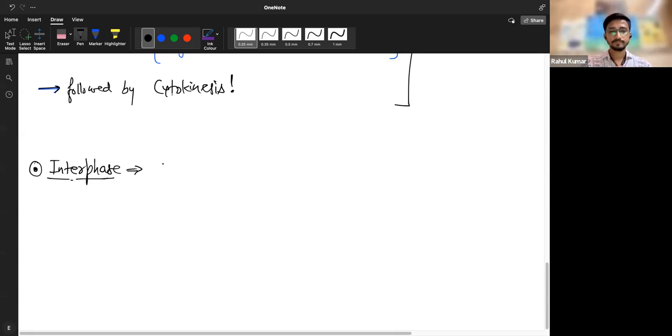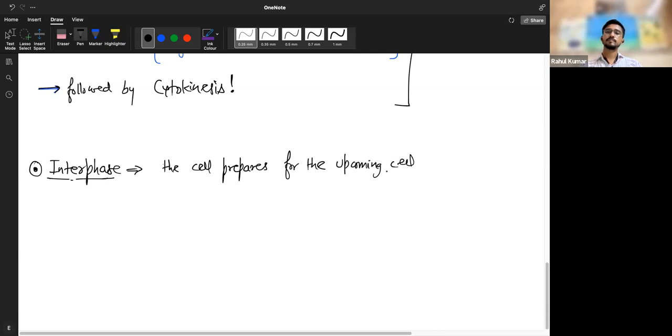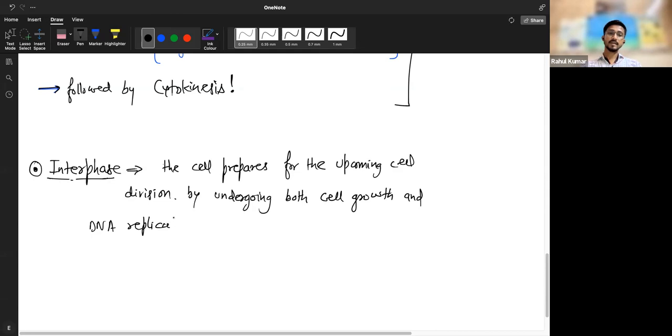During this phase, the cell prepares for the upcoming cell division by undergoing both cell growth and DNA replication. So both of these two things happen in interphase.